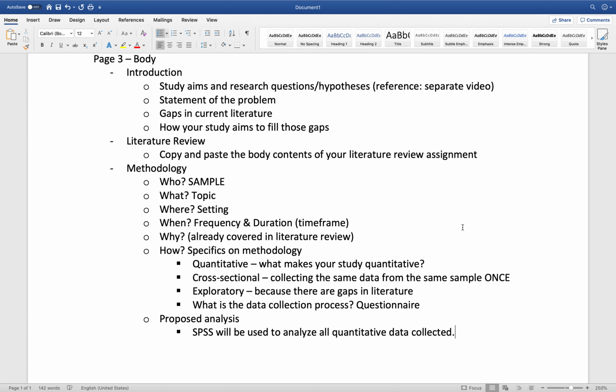So the analysis part we'll get a clearer understanding of next semester, but right now, with the proposed analysis, you're simply saying that SPSS will be used to analyze all quantitative data after it has been collected. Right? So that'll be the analysis section of your final paper. The methodology section of your final paper as a whole.